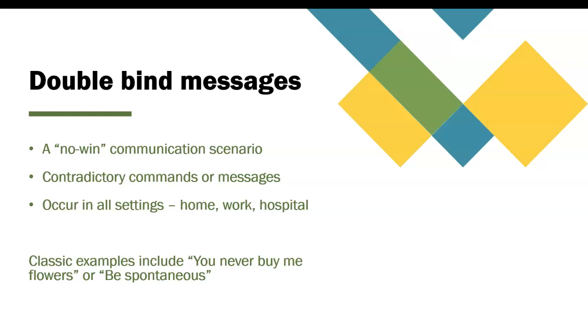They are giving you contradictory messages, two messages expressed with the same idea, and no matter what you say back, it's probably going to be wrong. And these happen in our personal life, in work settings, in the hospital with patients, but I'll give you a couple examples of what a double bind is.